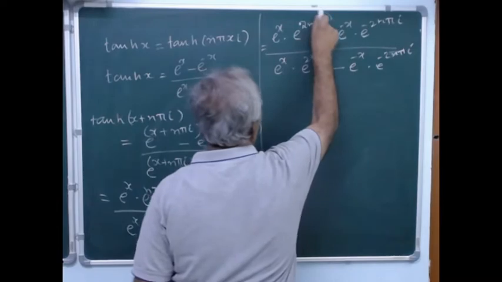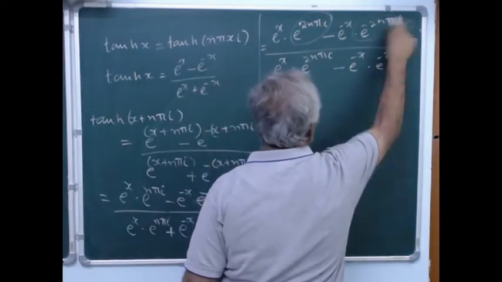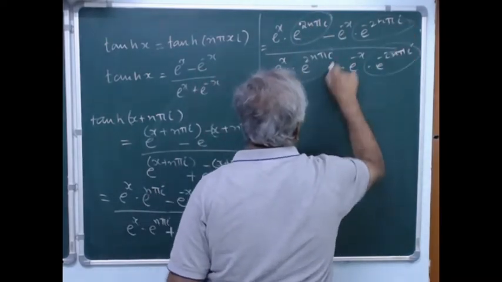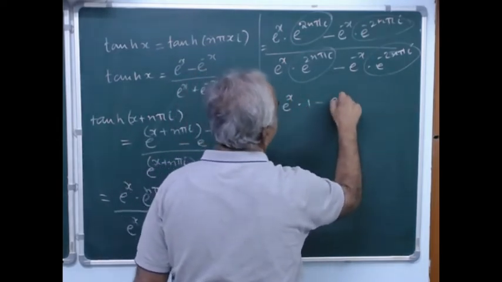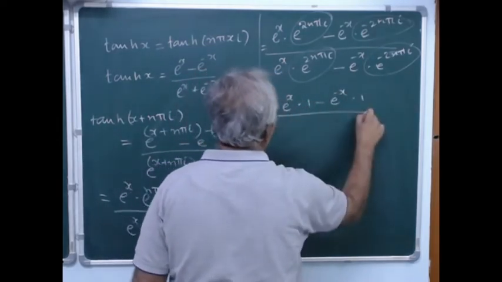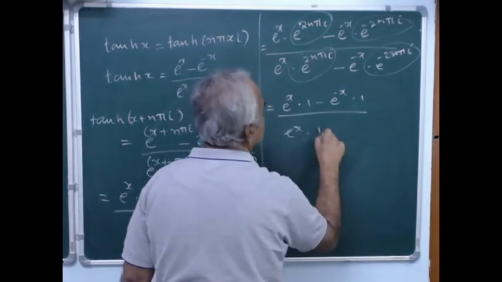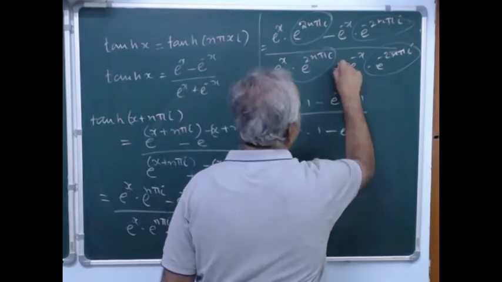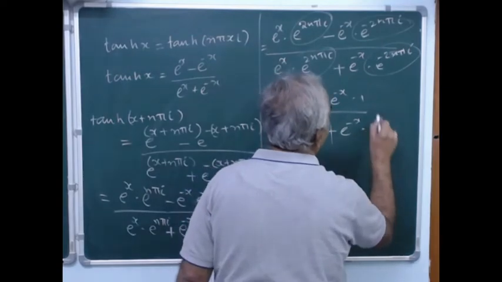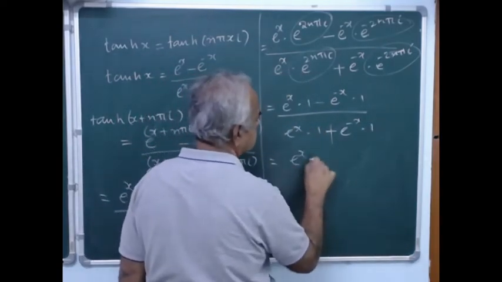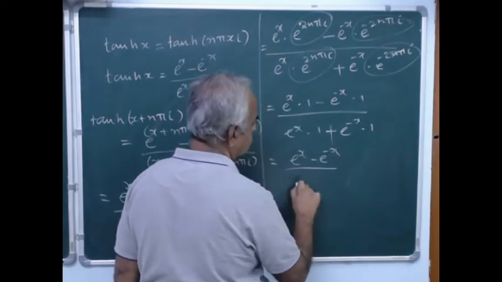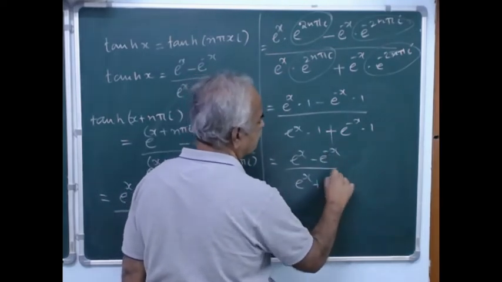Okay, so we already know this term is equal to 1, right? Therefore, e power x into 1 minus e power minus x into 1 whole divided by e power x into 1 plus e power minus x into 1, sorry, this is plus. Okay, so this is equal to e power x minus e power minus x whole divided by e power x plus e power minus x.